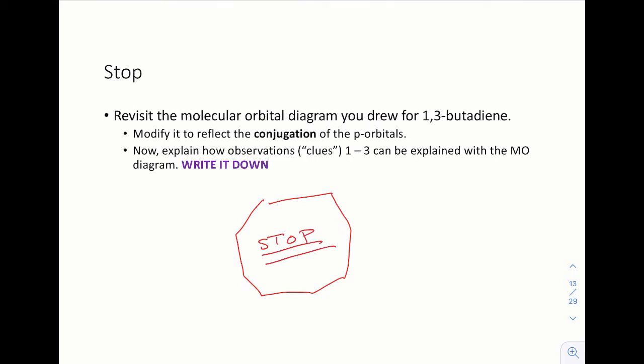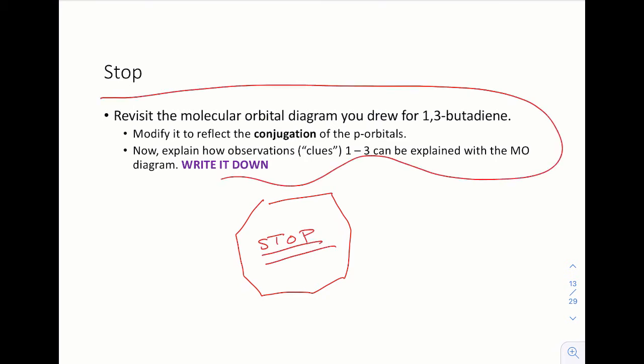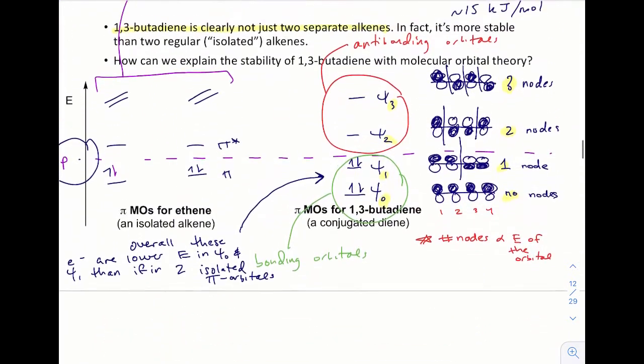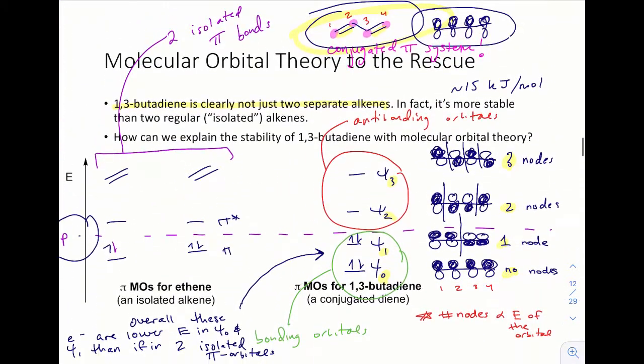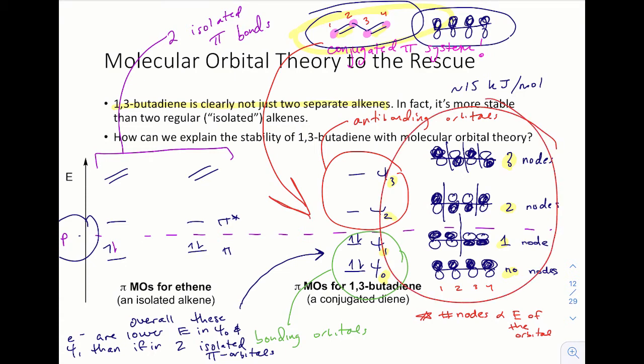You are now going to revisit the molecular orbital diagram that you drew for 1,3-butadiene at the beginning of the video. You're going to modify it to reflect the conjugation in these p orbitals, right? And by the conjugation, I mean the fact that all 4 p orbitals overlap to form pi orbitals involving all of the atoms, not just the 2 atoms that appear to be making pi bonds in the Lewis structure. We know Lewis structures are imperfect.